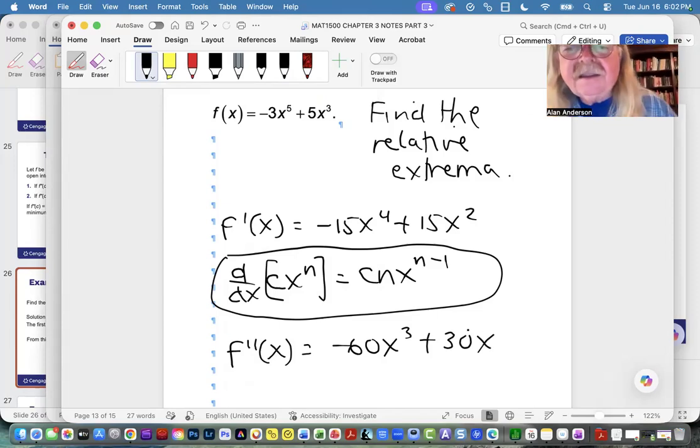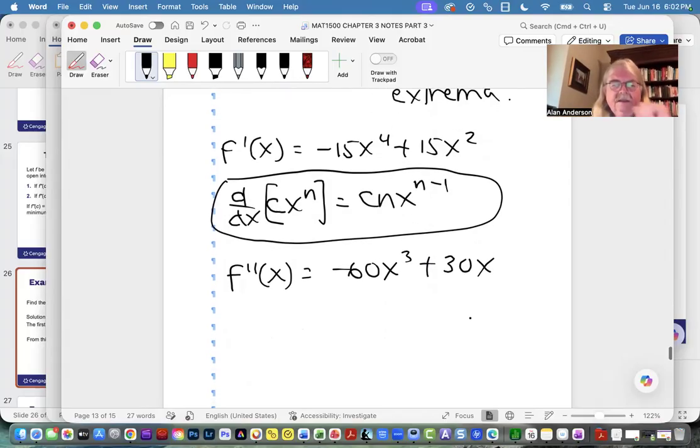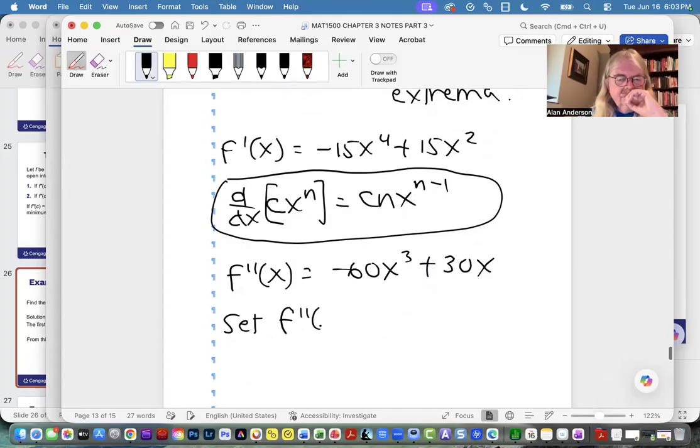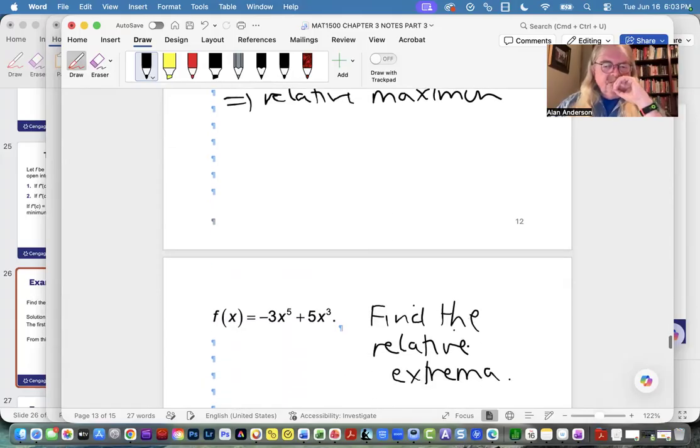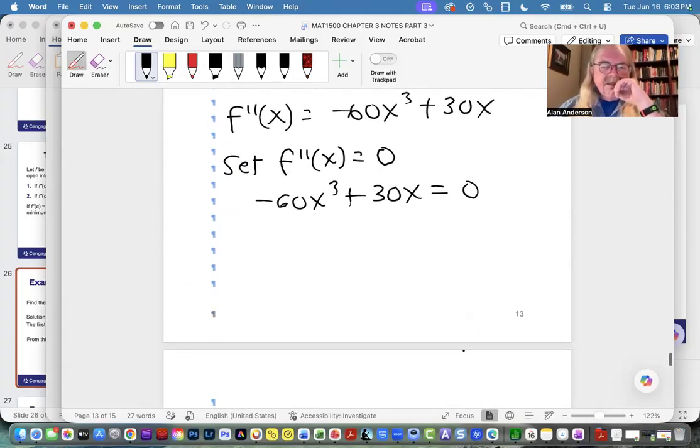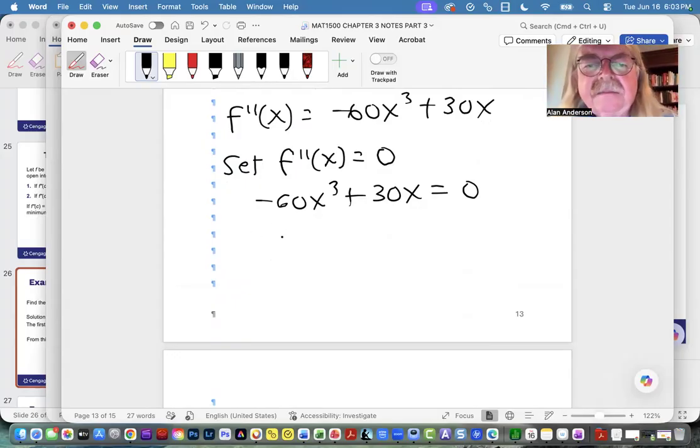And now we're going to set this equal to zero. We can first divide out the negative 30.